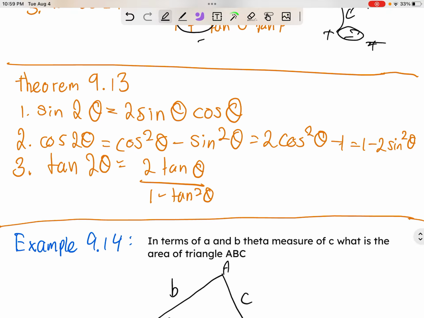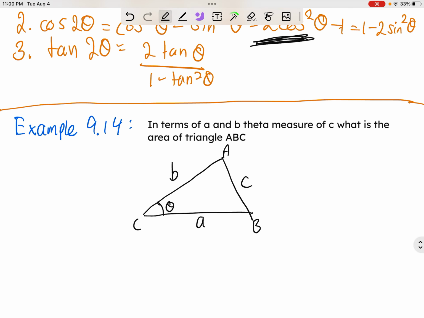Remember, do not forget these formulas. Important for the AMC 12. And tan 2 theta will be 2 tan theta over 1 minus tan squared theta.